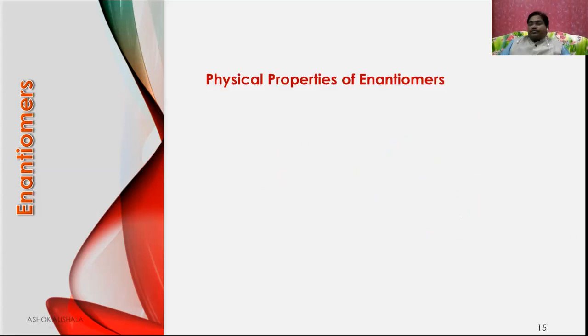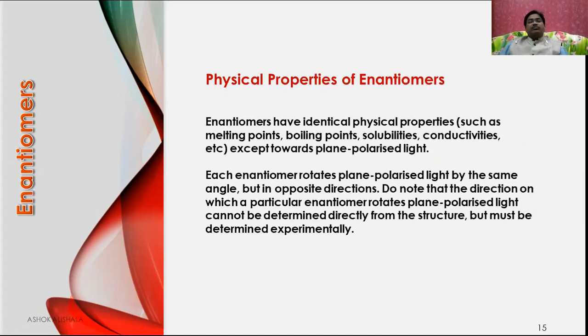Then what are the physical properties of the enantiomers? Let us see. Enantiomers have identical physical properties such as melting points, boiling points, solubilities, conductivities, etc., except towards plane polarized light. One turns right side, the other turns left side.